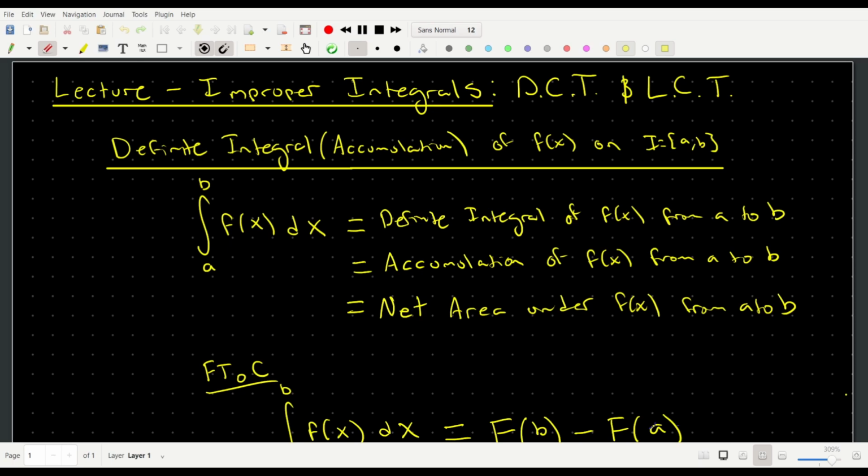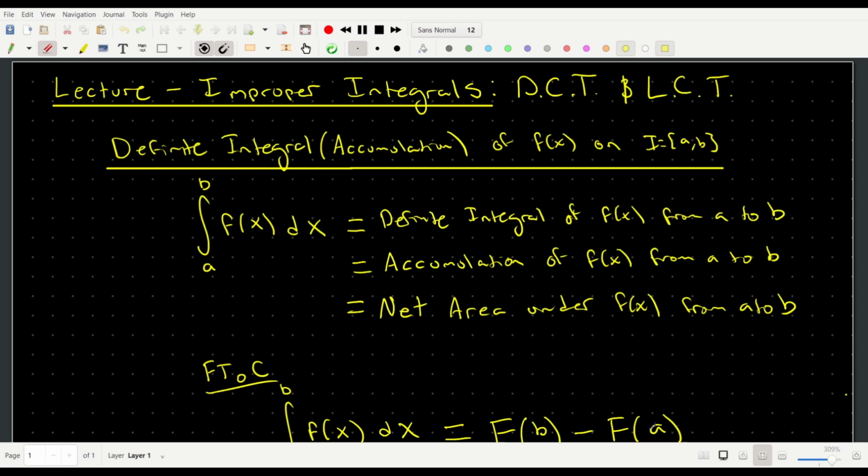So we have these nice comparison theorems, called the direct comparison theorem and the limit comparison theorem, which allow us to determine very often whether or not an improper integral diverges or converges without even evaluating it.